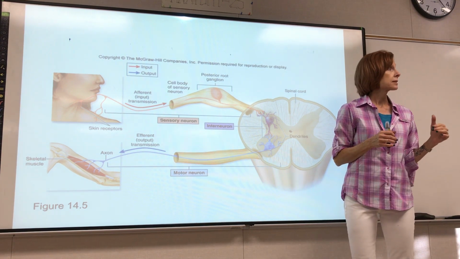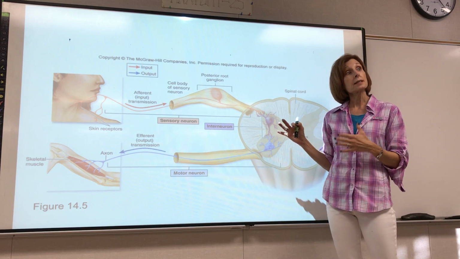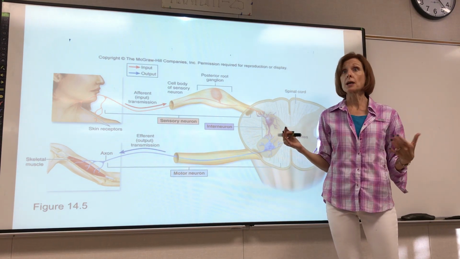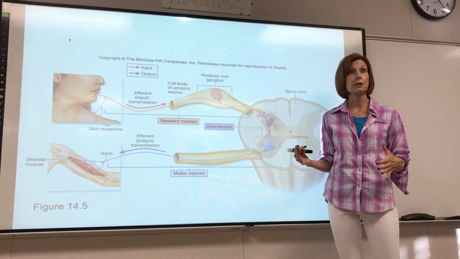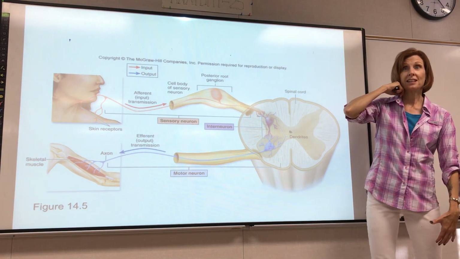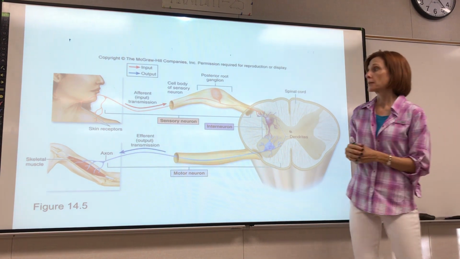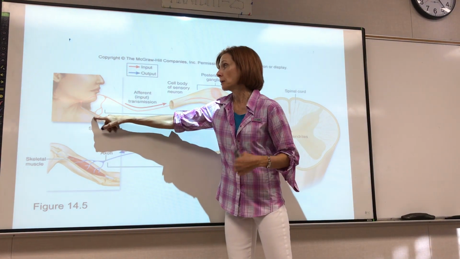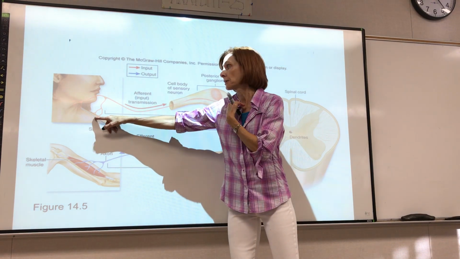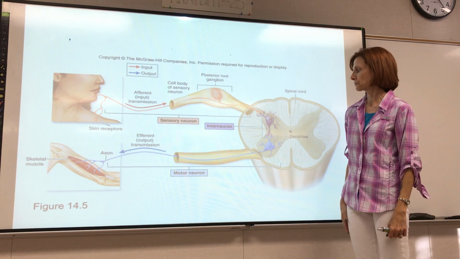Notice how long these neurons are. They are really this long. These are the longest cells in the body. Neurons are the longest cells in the body because these could literally go, the longest would be from the brainstem all the way down into the foot. So many, many feet long sometimes. So this sensory neuron comes all the way from the skin here in this area and goes all the way into the spinal cord.